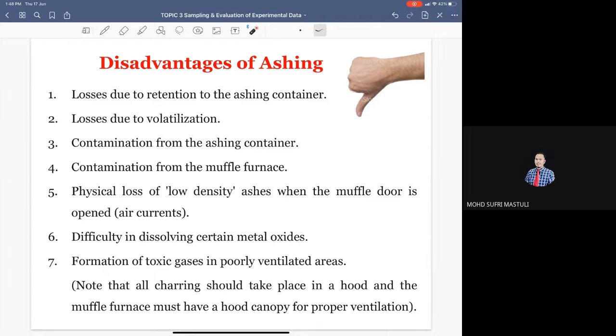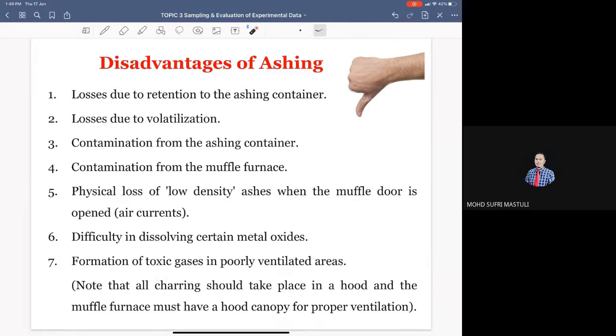There can be contamination of the sample from the etching container or even from the muffle furnace. We can also have physical loss of low density ash when the muffle door is opened.